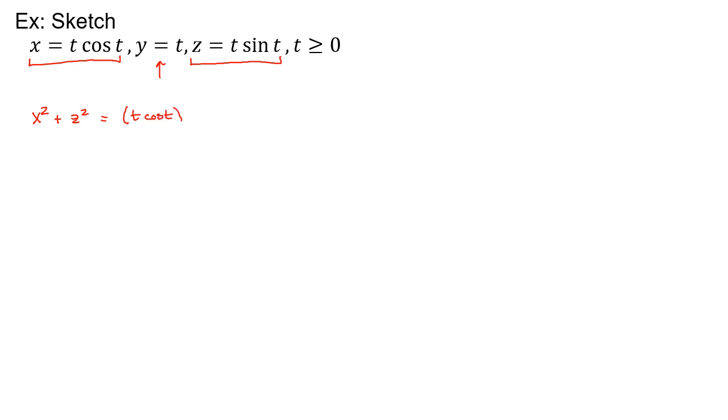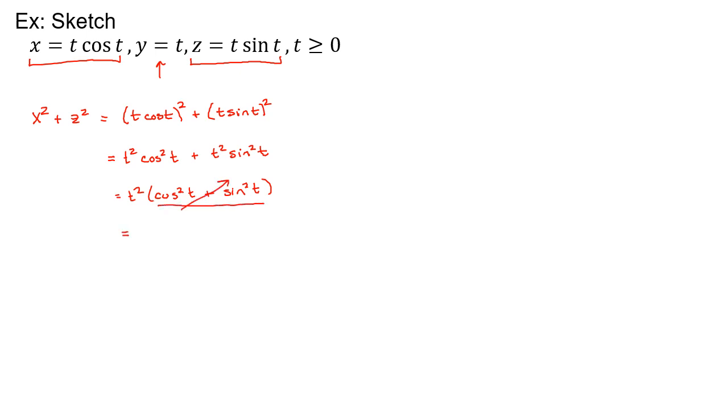This is t cosine t squared plus t sine t squared, which does simplify into t squared cosine squared t plus t squared sine squared t. You can factor the t squared out of both of those. And you'll notice that was the idea. Now, this is an identity.